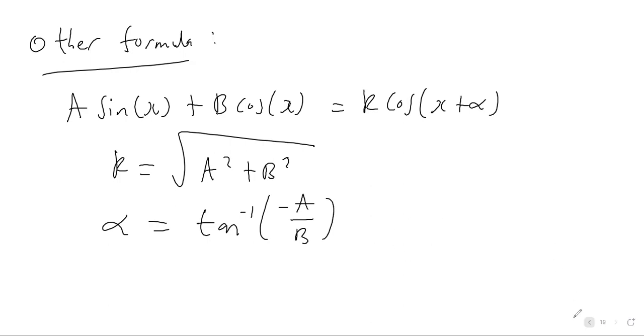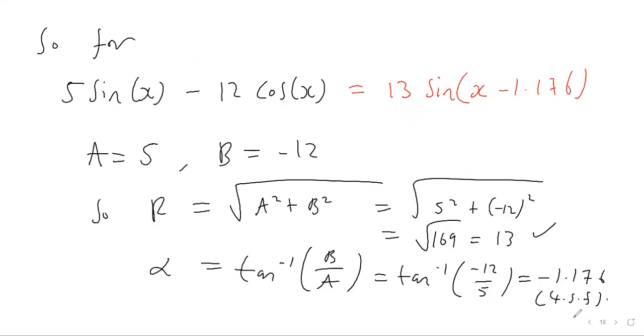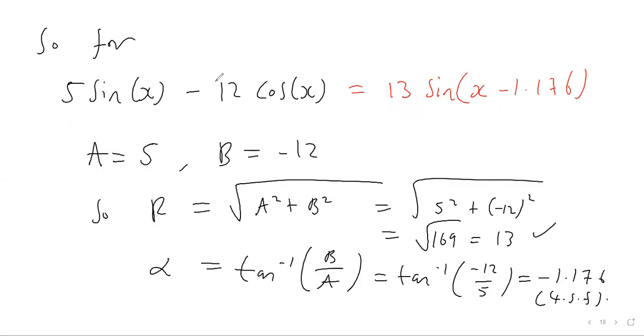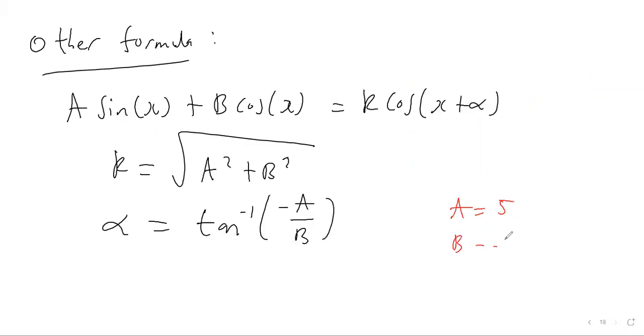So if you wanted to write this in terms of cos instead, your R value is still going to be 13, but your new alpha value for the cos expression, so remember a was still 5, and b is still negative 12. So we can plug this into here, so we get tan inverse of negative a, so negative 5, over b, which is negative 12.